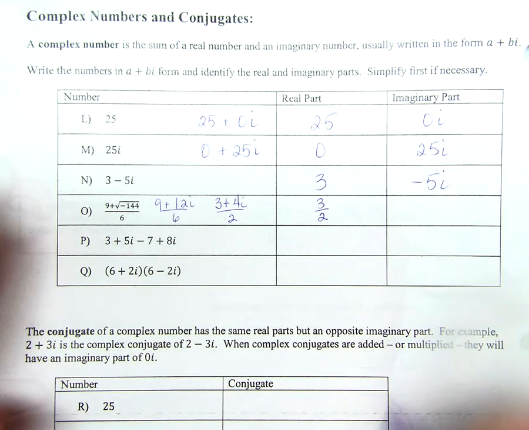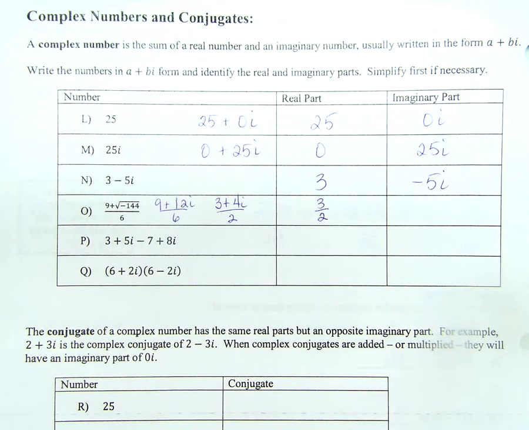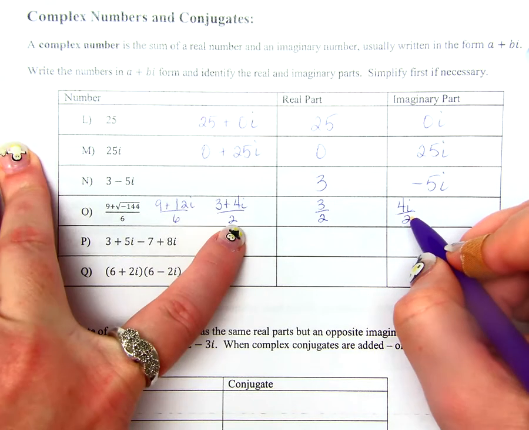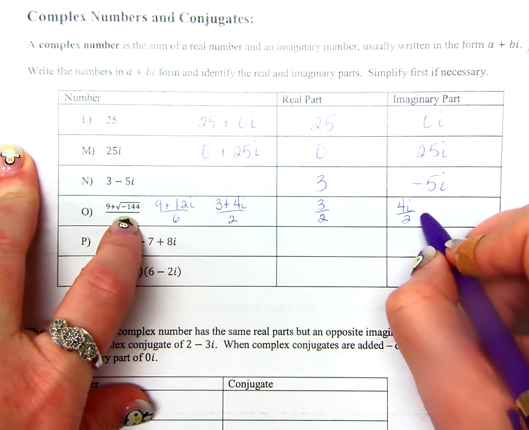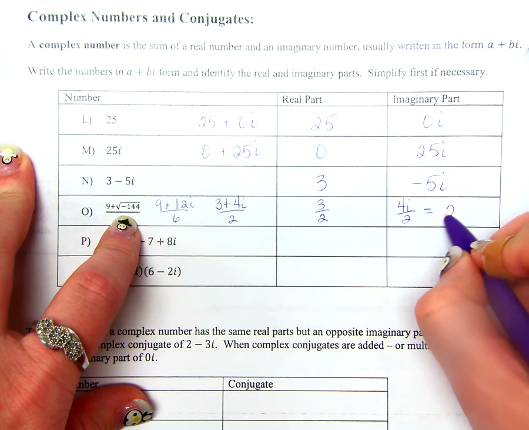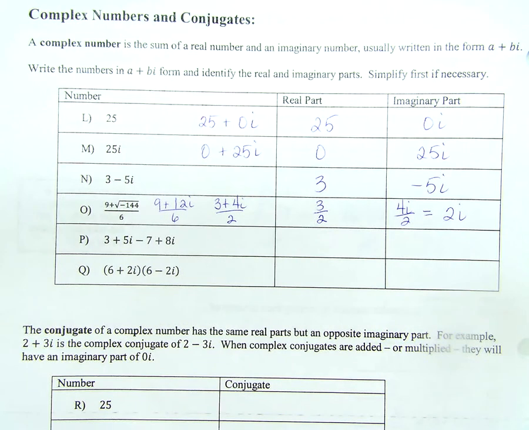Excellent. What's the imaginary part? 4i over 2. Do you see that? Because everything in the numerator is being divided by 2. Each part, right? Can I rewrite this as something else? What is it? 2i. Any questions? You okay so far?